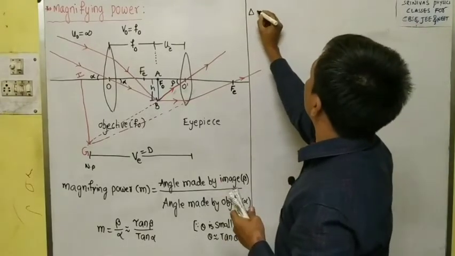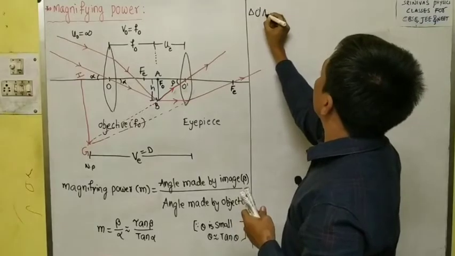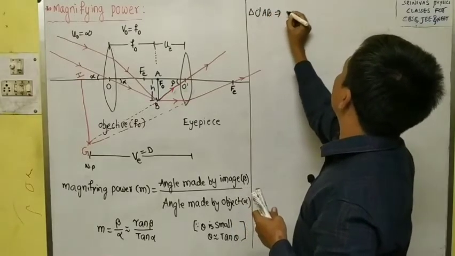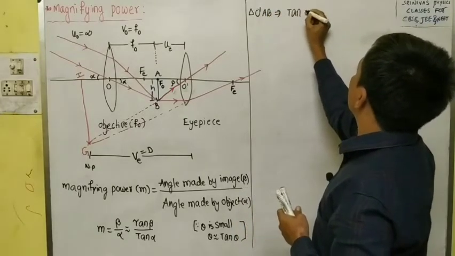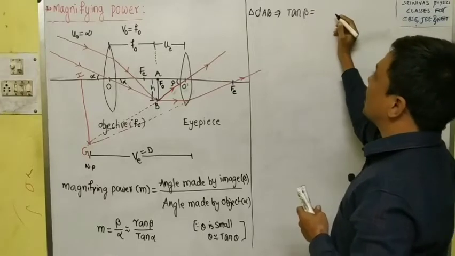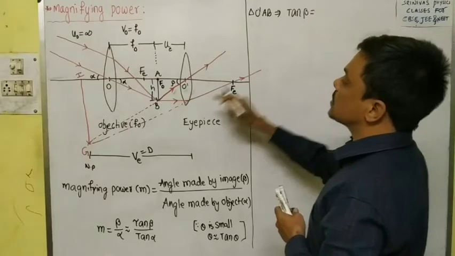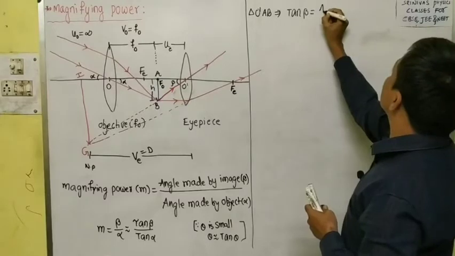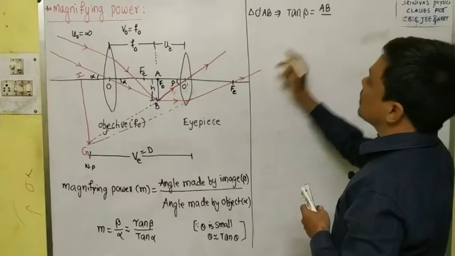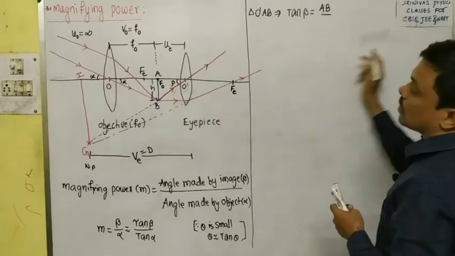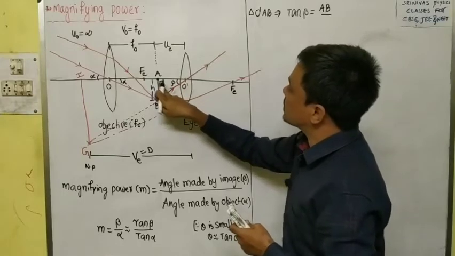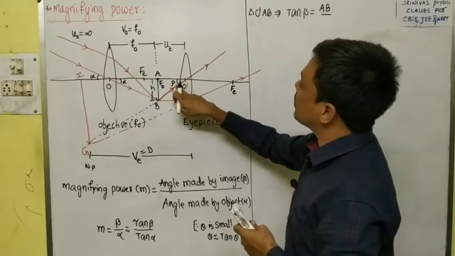Triangle O'AB, tan beta we write. Tan beta is equal to opposite side by adjacent side. That is AB by, okay, you see here, this is the triangle O'AB. This is beta.